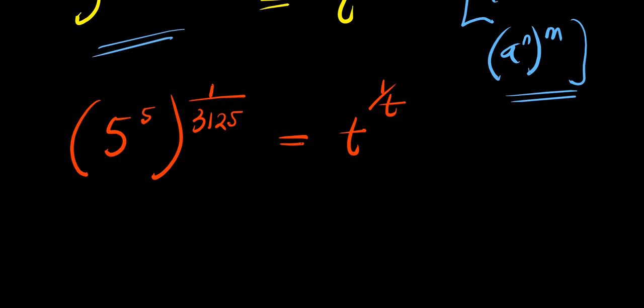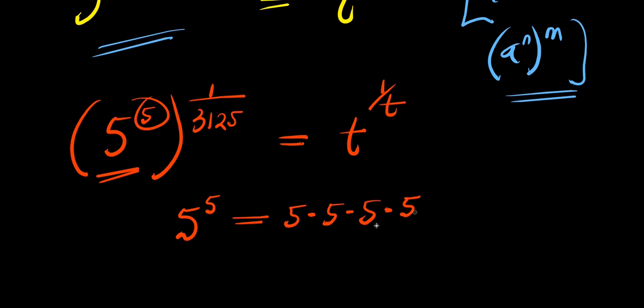Now what we can do now is to find the value of 5 to the power of 5. And 5 to the power of 5 equals 5 times 5 times 5 times 5 times 5. And this equals 5 times 5, 25 times 5, 125 times 5, 625 times 5.